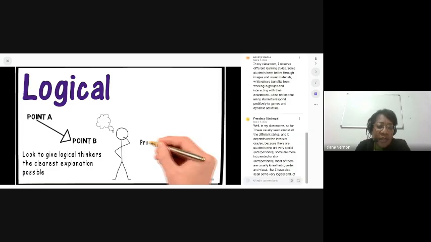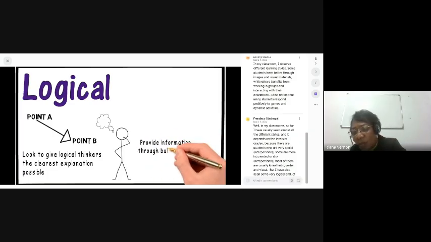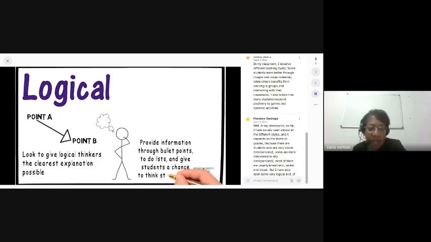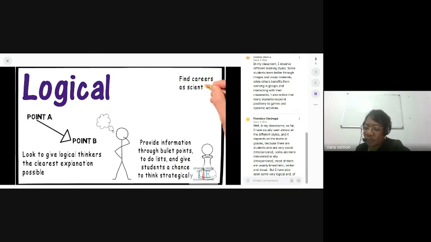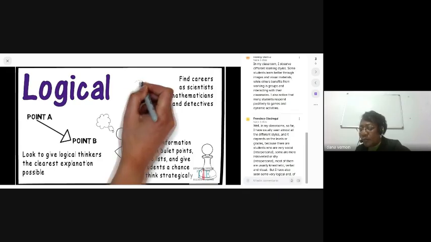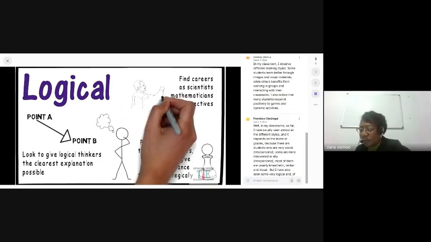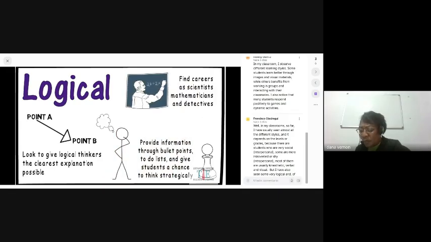They prefer lessons that are very objective in nature. Provide information through bullet points, to-do lists, and give students a chance to think strategically. Also, logical learners get very engaged with difficult problems. Most of the time, they find careers as scientists, mathematicians, and detectives. These are your students that excel in math and enjoy a good mystery show.